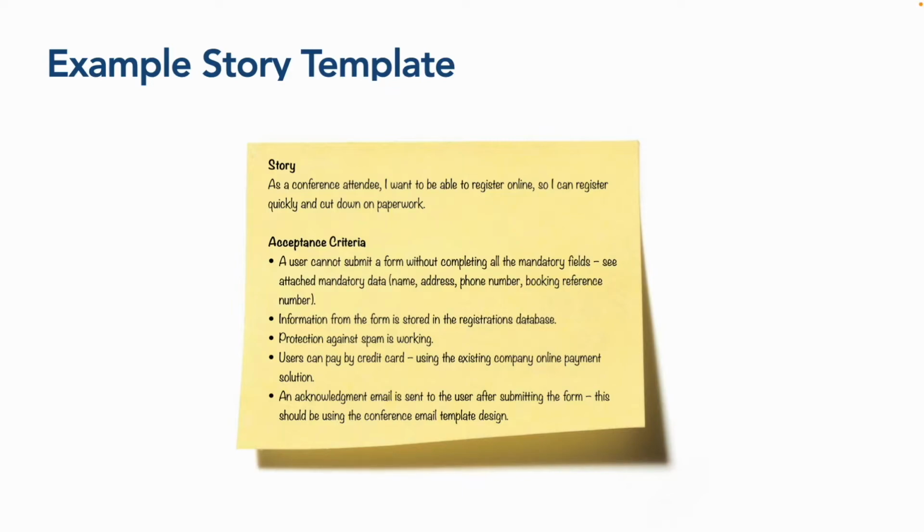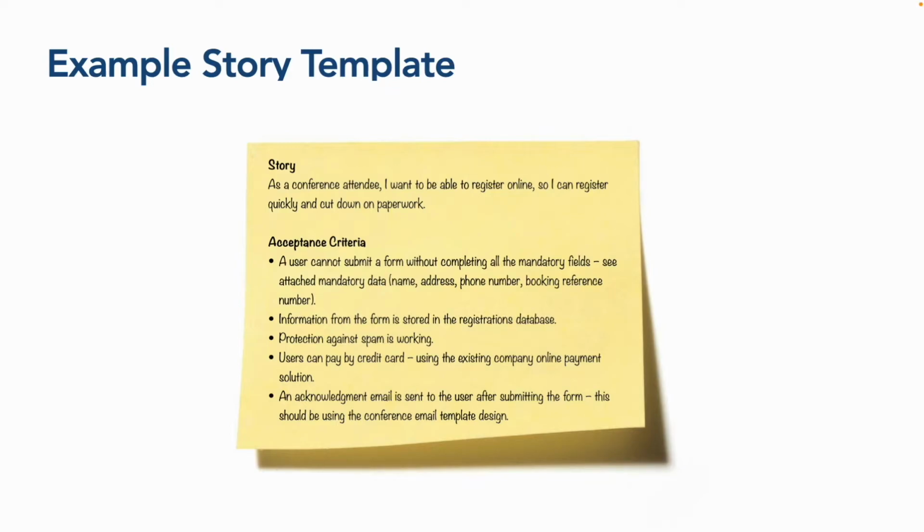But how do we know we are fulfilling the requirements of that user story? Well, in order that we know how to fulfill those requirements of that user story, we have something called acceptance criteria, which essentially breaks down in a bit of detail exactly what we need to do in order to meet that requirement and that user story.